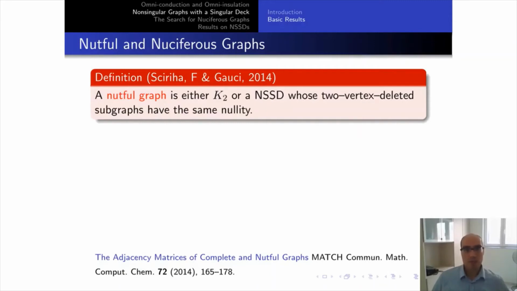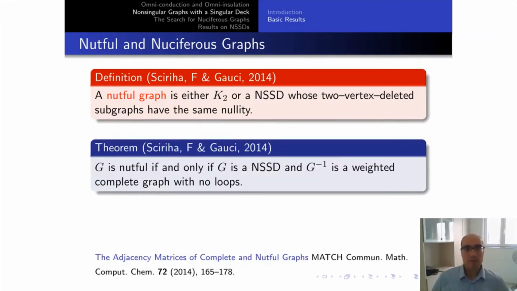This is why we defined a NUT full graph as being such an NSSD, because its vertex deleted subgraphs are NUT graphs, except that these NUT graphs may have weighted edges. So instead of calling it nuciferous, we called it NUT full.